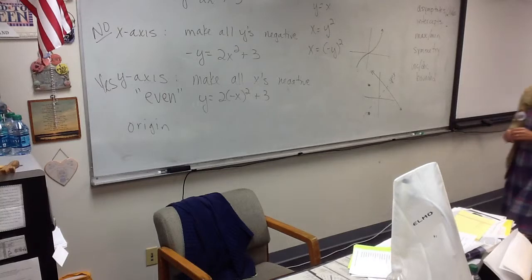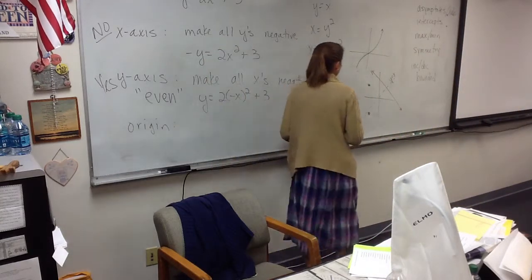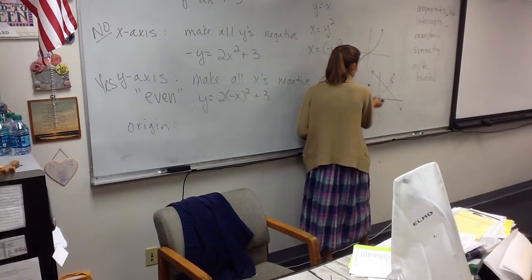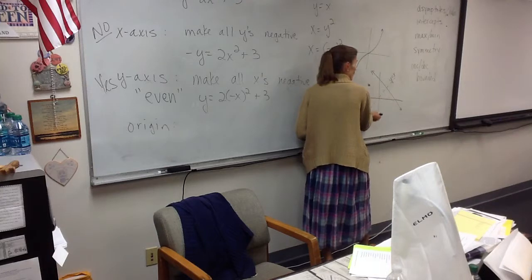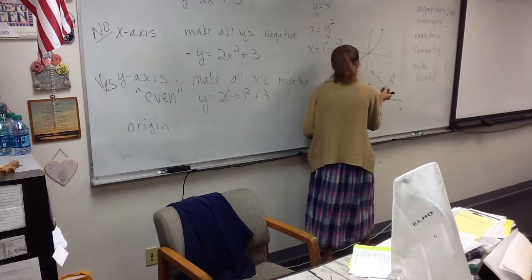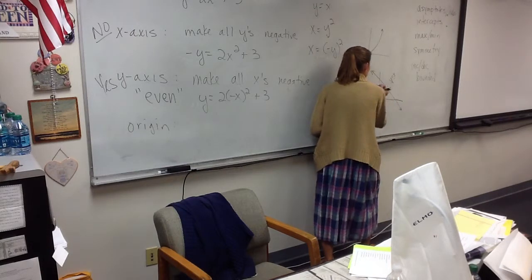Origin. Anybody want to take a wild guess? Now let's just look at what's going on here. When we tested for symmetry about the x-axis, we changed the sign on y because we were going this way. When we did the y-axis, we changed the sign on x because we were going this way.